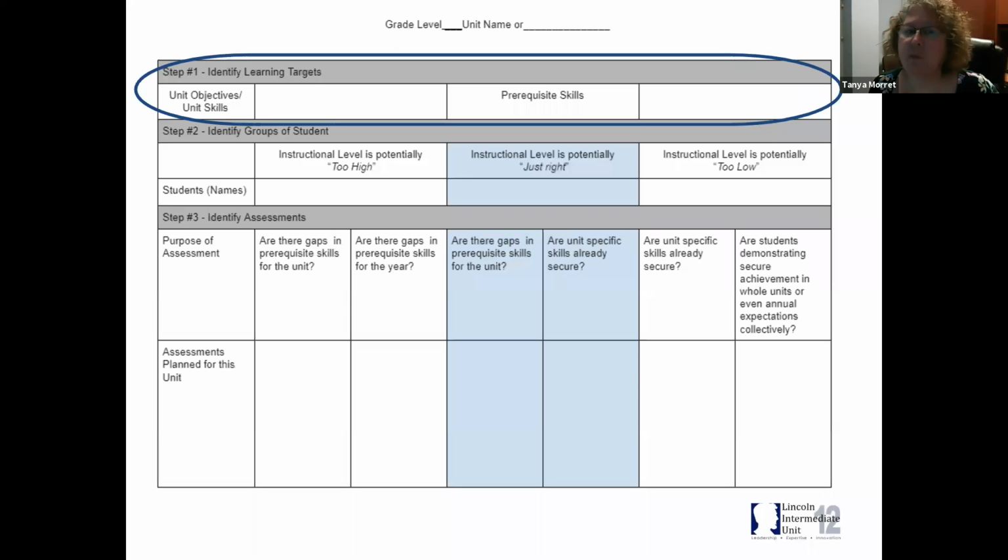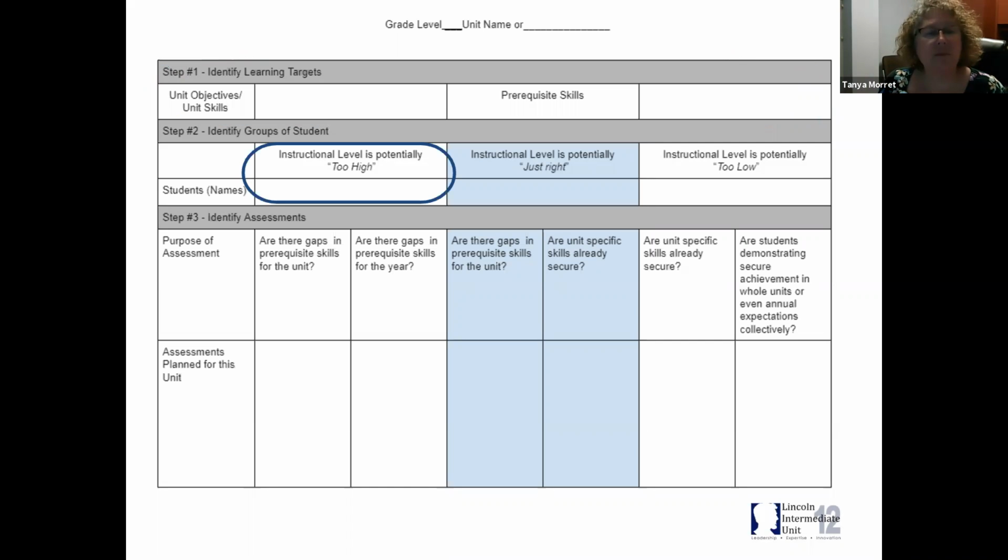We're still working with the same unit objectives and prerequisite skills, right? We're not teaching this group of students a different unit. We're trying to make this set of objectives and skills more accessible to our students who are struggling.